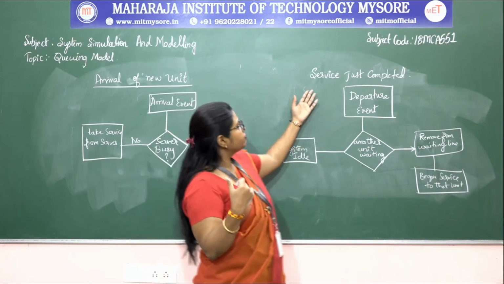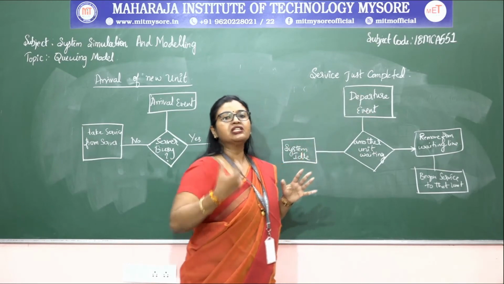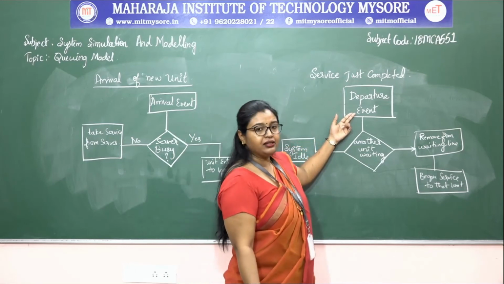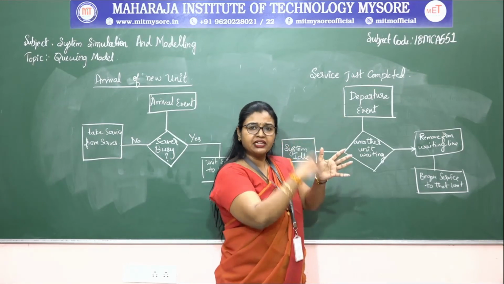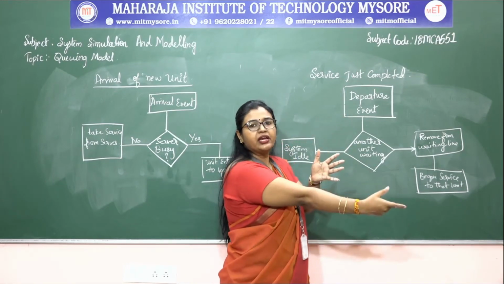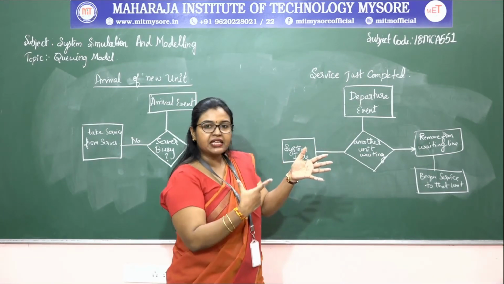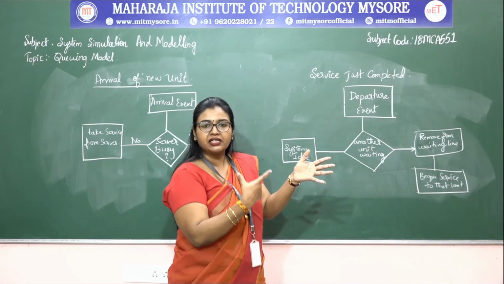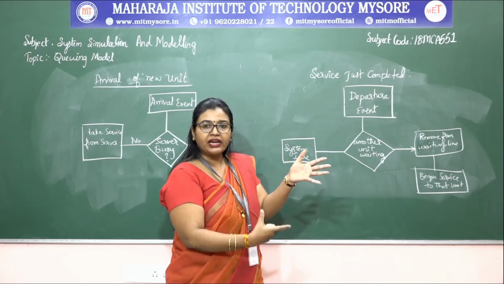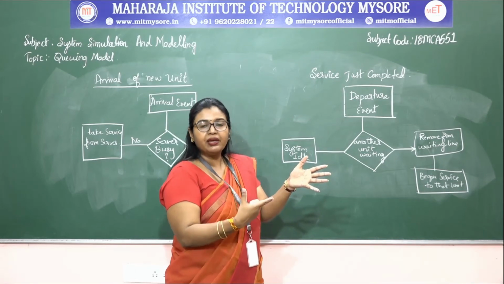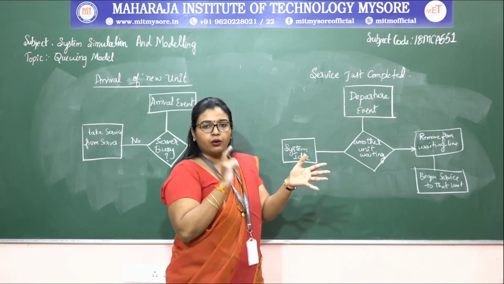Then if the service has just completed, what is the action to be taken? That is the departure event. One customer has completed his work and is going out of the system. Now what happens? There may or may not be customers waiting in the queue.